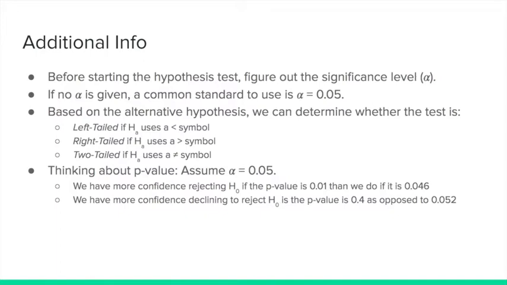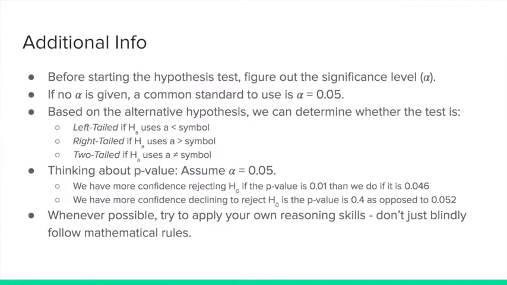So you might have a p-value of 0.4, okay, not 0.04, but 0.4, which is way bigger than 0.05. And so we would definitely fail to reject the null. Clearly the null hypothesis is possible here. On the other hand, we might have a p-value of 0.052, which is just barely higher than the alpha. And so we would decline to reject, but we might say the sample just missed out on significance.